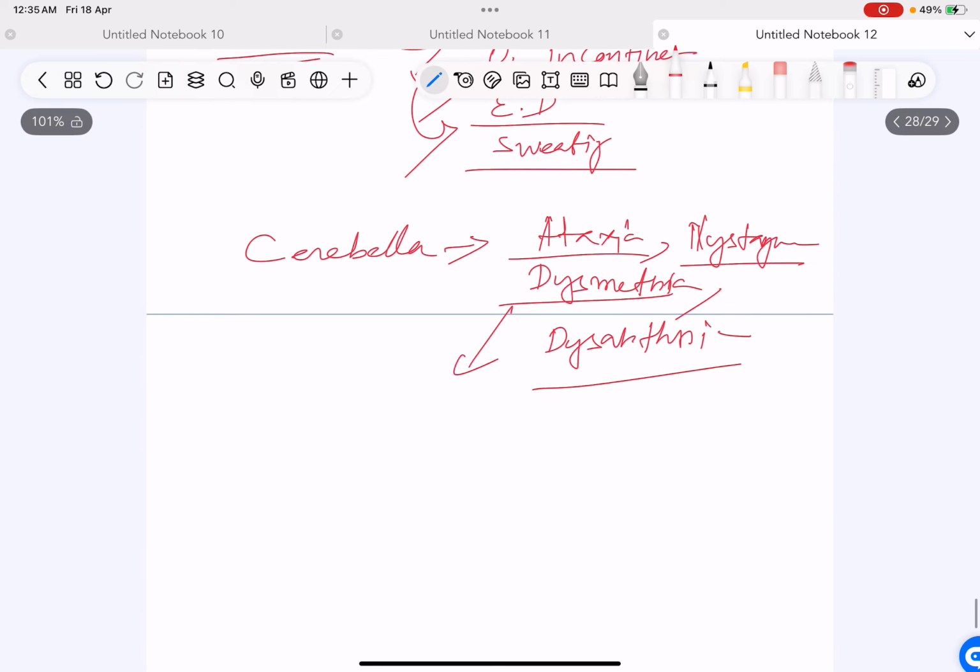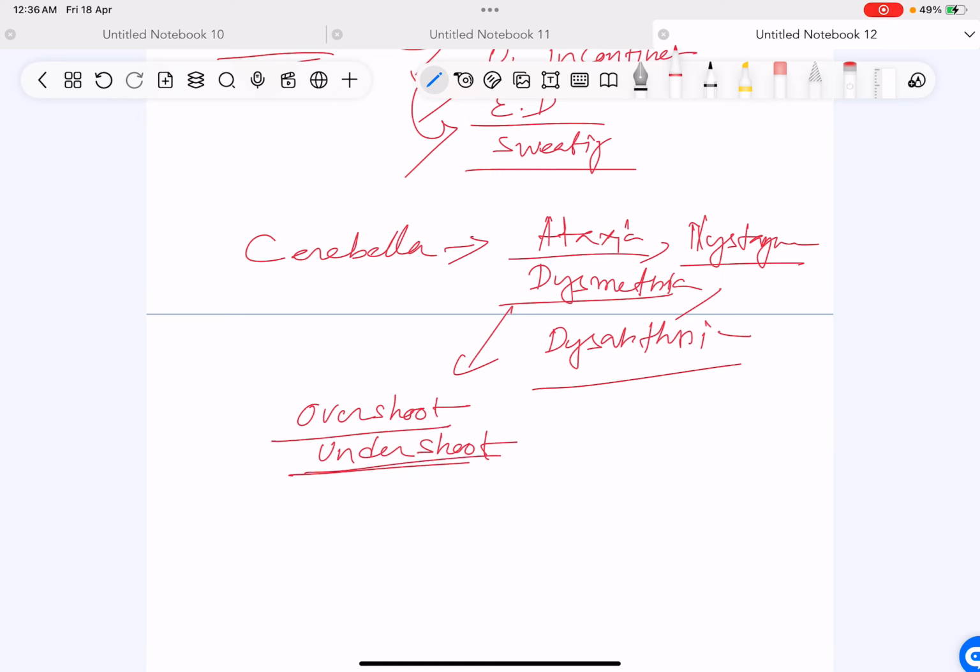Dysmetria means you cannot decide how much force to use to throw something. Either the person will overshoot or undershoot. So the key feature of dysmetria is that the patient is unable to control the force required to throw an object towards one direction.